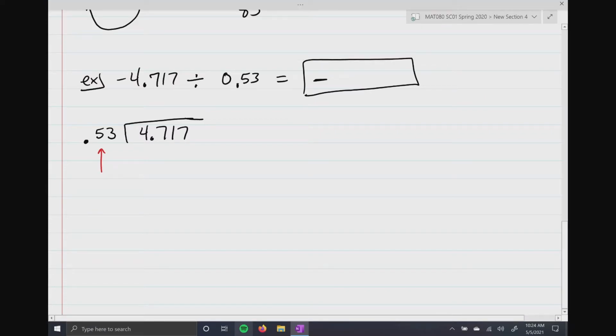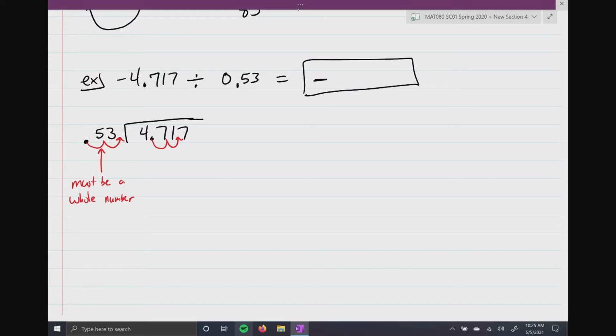Your divisor, which is that number on the outside, since we have decimals, it must be a whole number. So in order for me to make 0.53 a whole number, I have to move the decimal 2 places to the right, which means in my dividend, I also need to move that 2 places to the right as well.